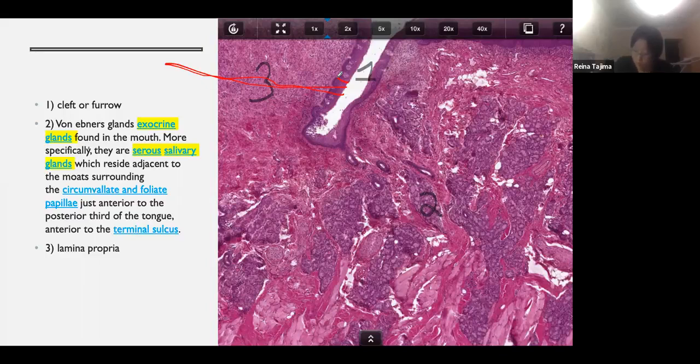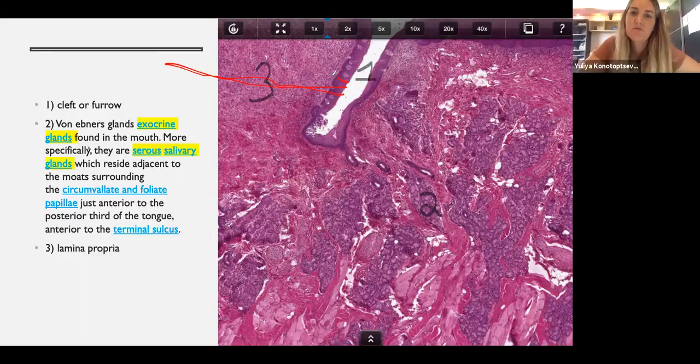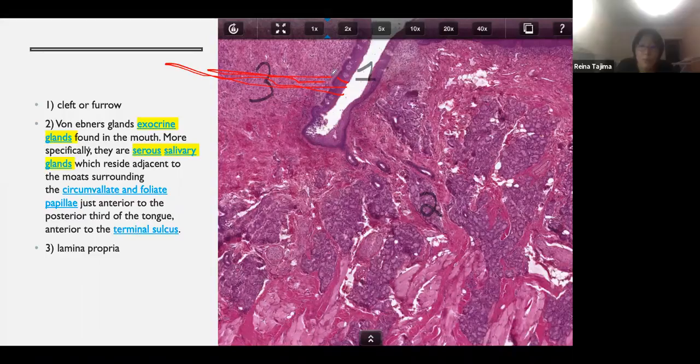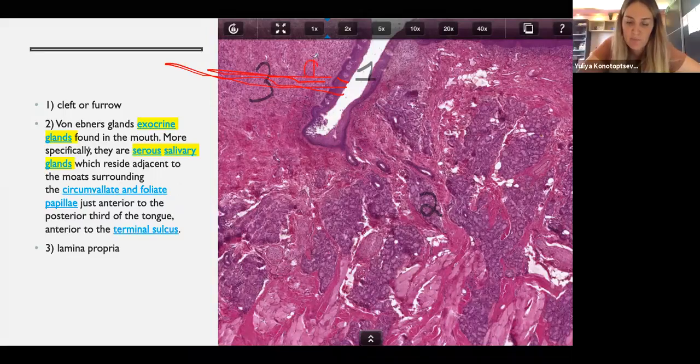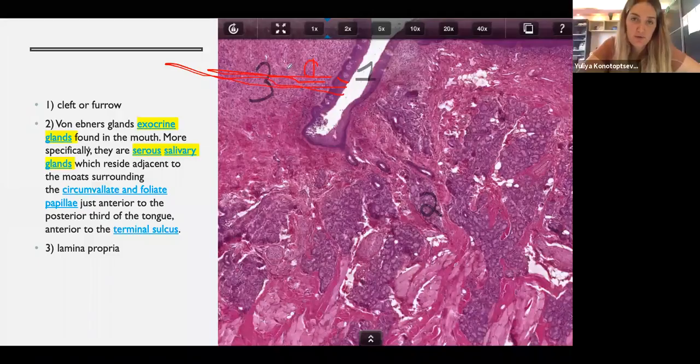Which epithelium? Non-keratinized. And this is lamina propria. What are those dark dots in lamina propria? Lymphocytes. Very good. Every single dark dot that you see here is a lymphocyte.